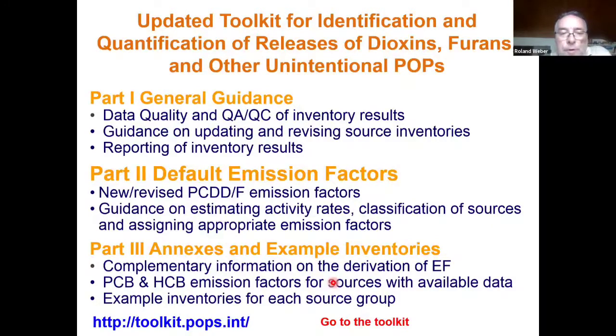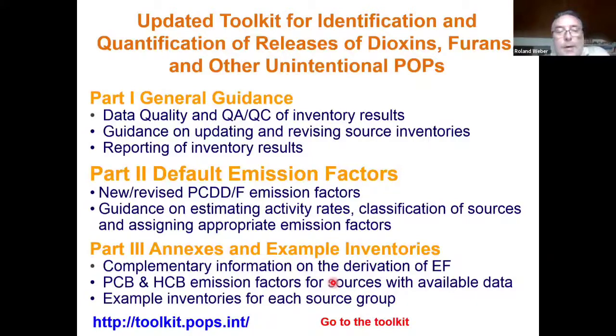Then, very important for the inventory is part 2, the default emission factors. So they include all emission factors. Some of them have been revised or are new. Also, they give guidance on estimated activity rates and classification of sources and assessing appropriate emission factors then for these sources. And we have a very big part 3.